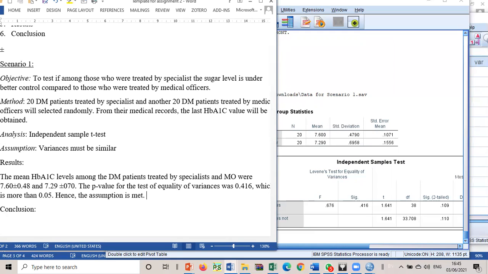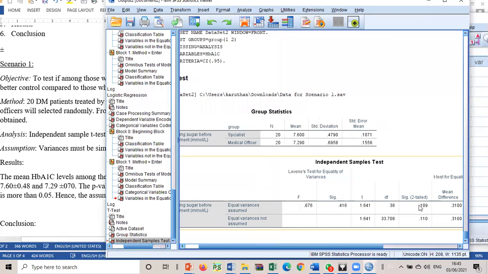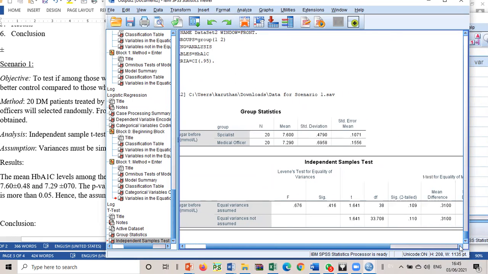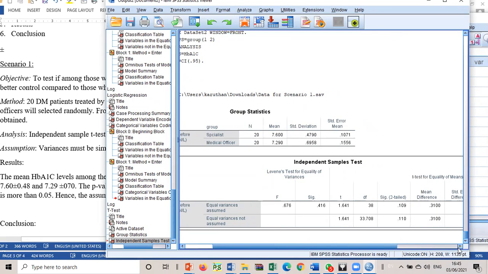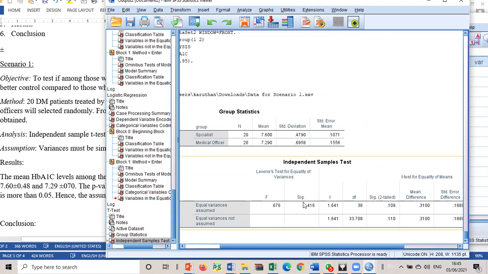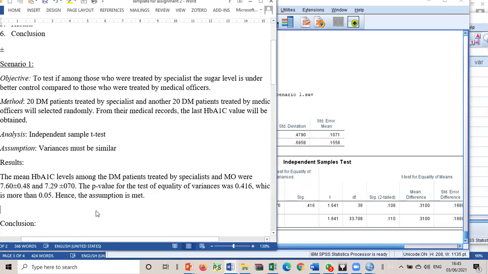Right? And the test of mean difference. So that's the p-value for test of equality of means. One is test of equality of variance, that's a value. So this value is more than 0.05, stay on the first row. So that's the p-value for test of means.